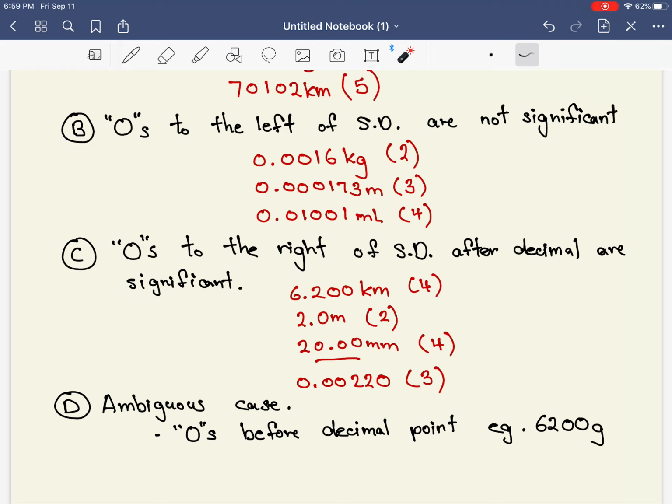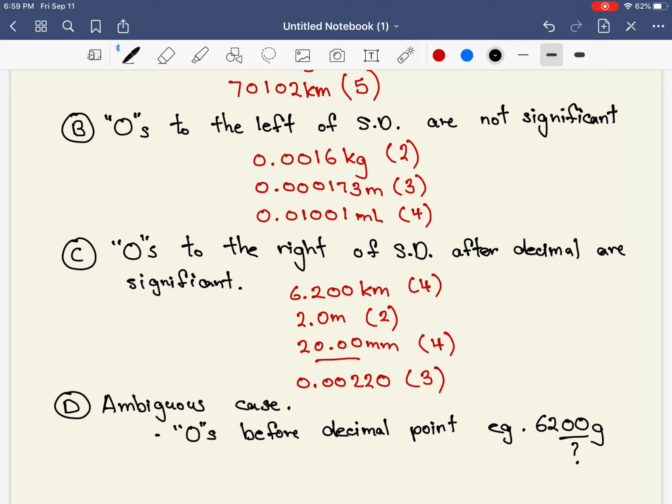So why is this an ambiguous case? Well, it is because it depends how you report it. That's the idea. How are you going to report this? Because in this case, you can report it in anything. So, let's write this down right here, these 2 zeros.